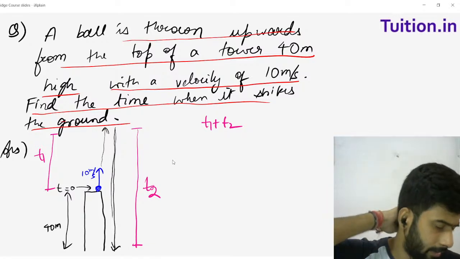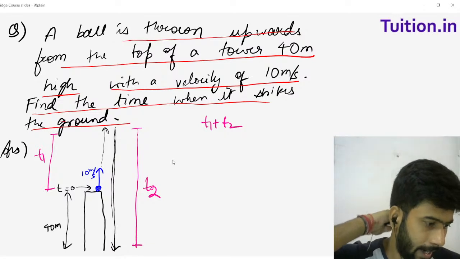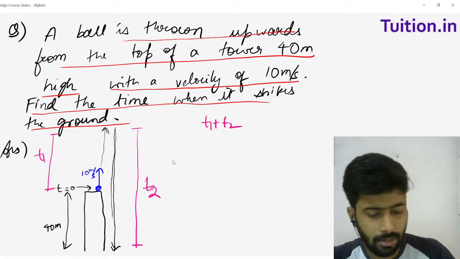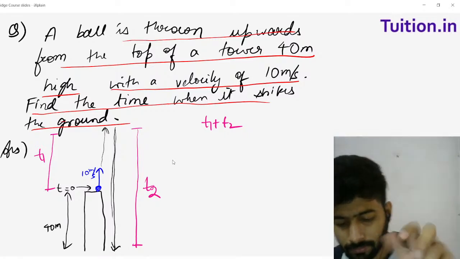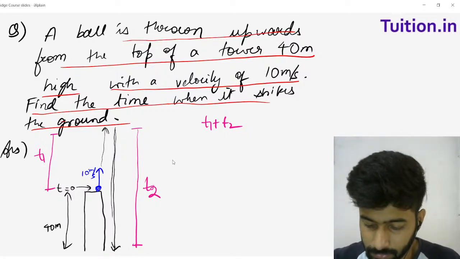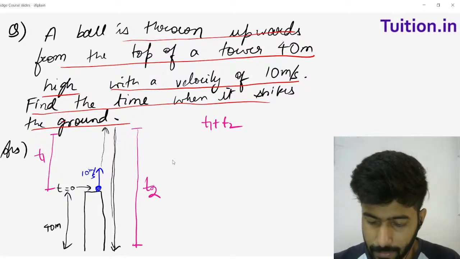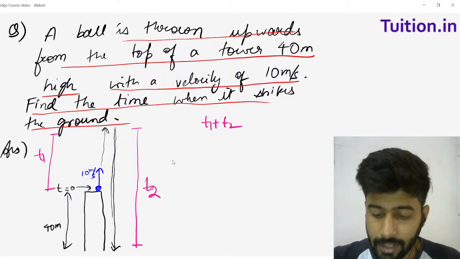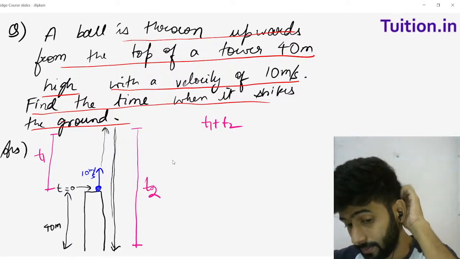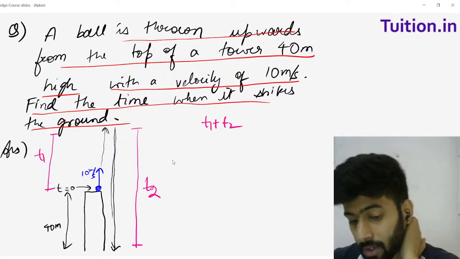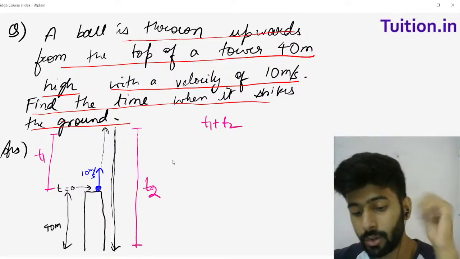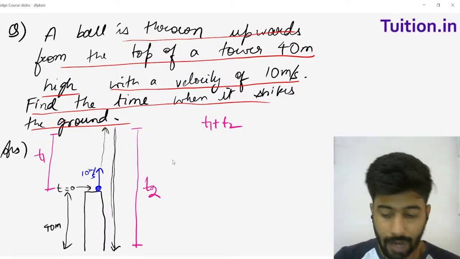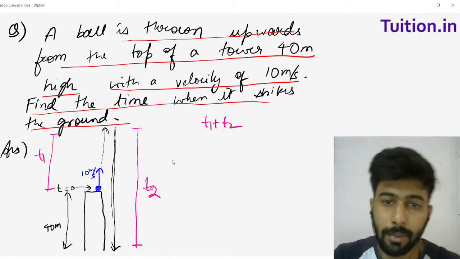I believe that if you were able to, then I would have had some answers in the chat box. Come on people, waiting for your response. Do I not have anybody who can give a response in the live chat box whether you can do this problem on your own or not? No. Okay, fine, that's not a problem at all. After you learn this concept, you will be able to.